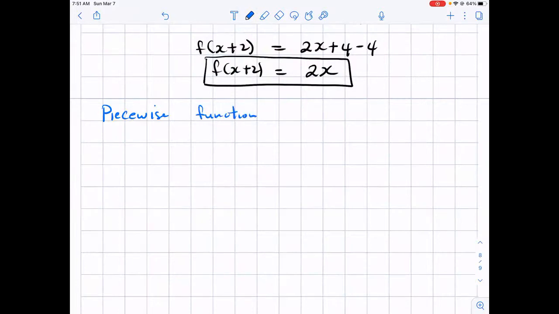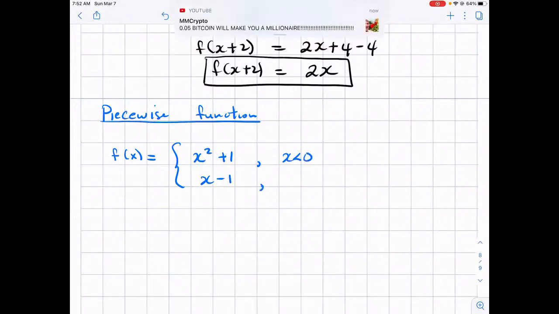And basically, what a piecewise function is, is just a function that's made up of different pieces of graphs or equations. So a piecewise function, for example, we can have f of x is equal to, we'll have 2 pieces here, x squared plus 1 and x minus 1. And the domain for x squared plus 1 is x less than 0.